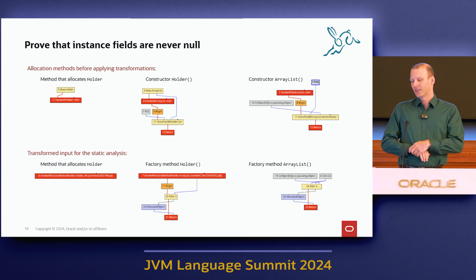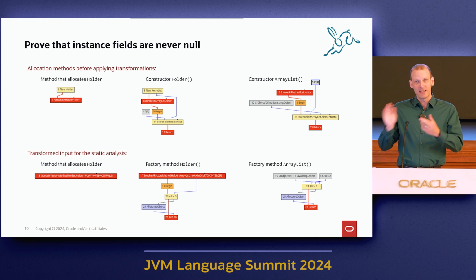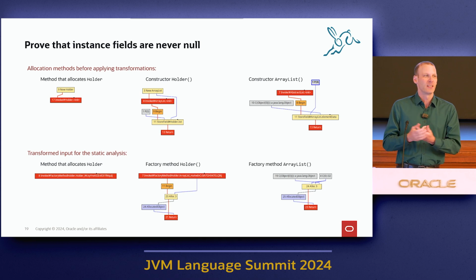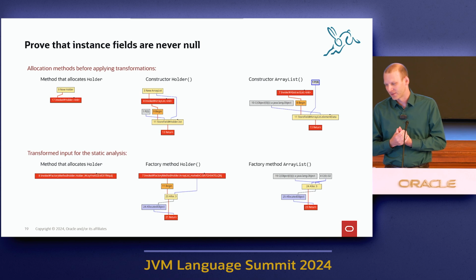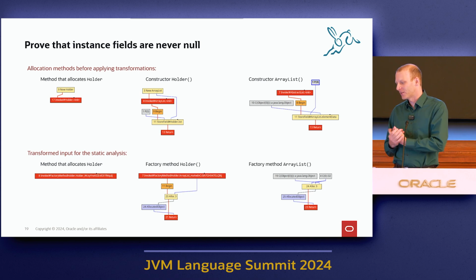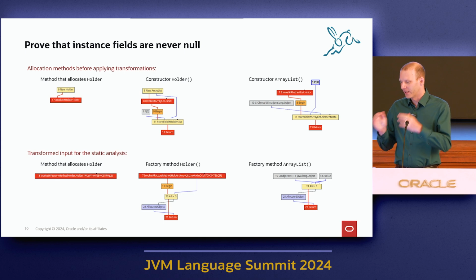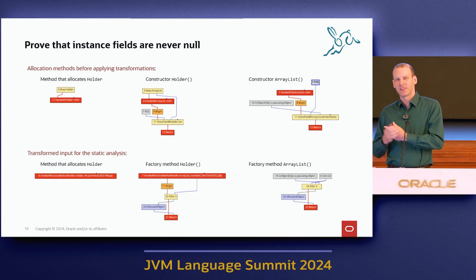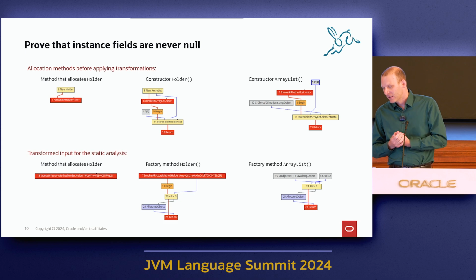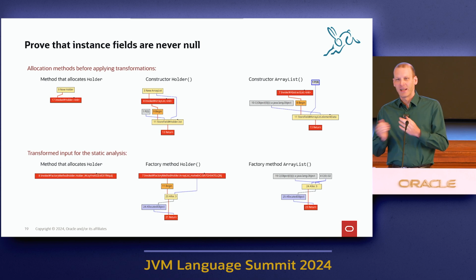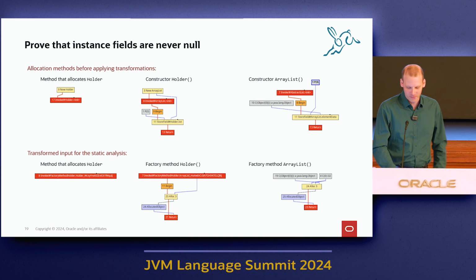And since it pushed down the allocation, it now does the allocation of a new object and the initialization as one atomic thing from the point of view of the static analysis. And the same in our factory method for the array list constructor: we have one atomic allocation and initialization of the array list. So already before we run the static analysis, we have an input to the static analysis where it's clear that the field can never be null, because the allocation and the field initialization is atomic from the point of view of the analysis.